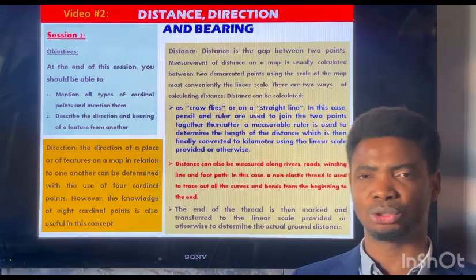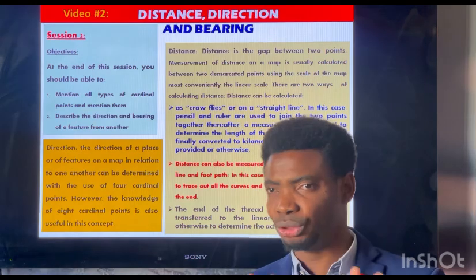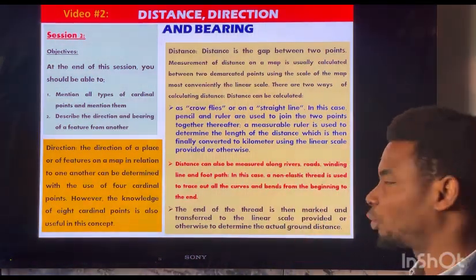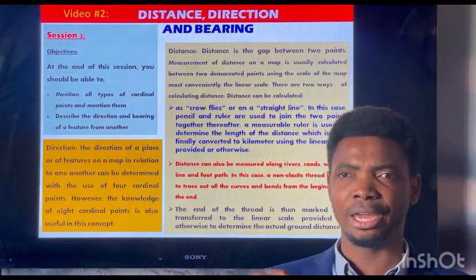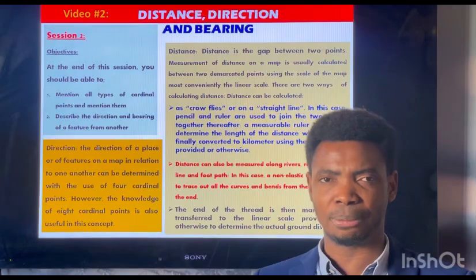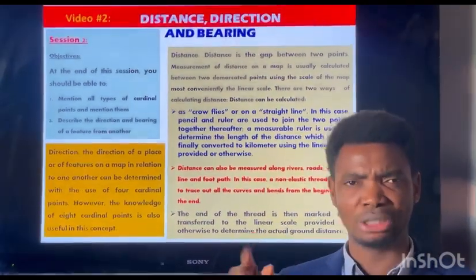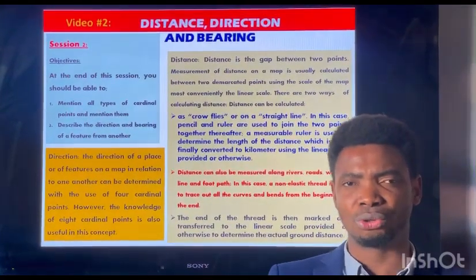In either way, there are different methods of measuring distance on the map using the scale, and we are going to be looking at that. If you are to determine the distance of 2 points from one another on the map along a straight line, you can just use your ruler straight away.